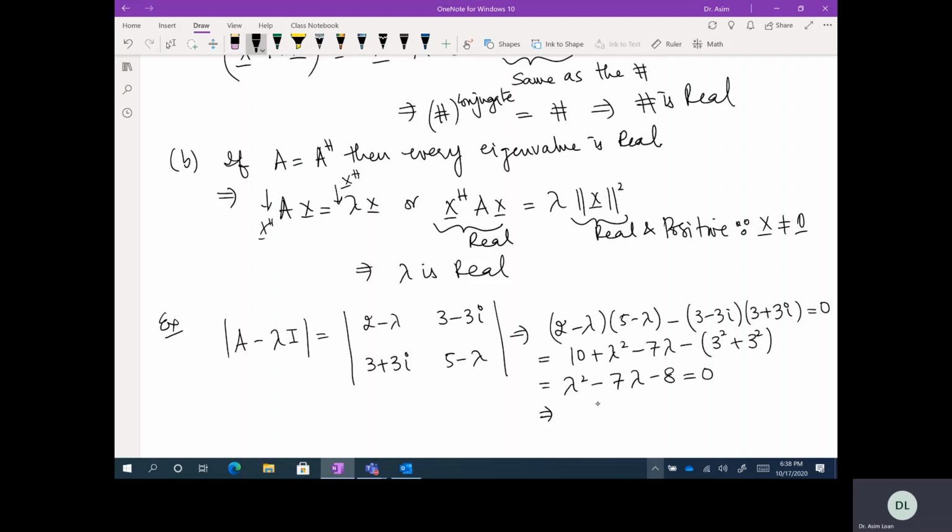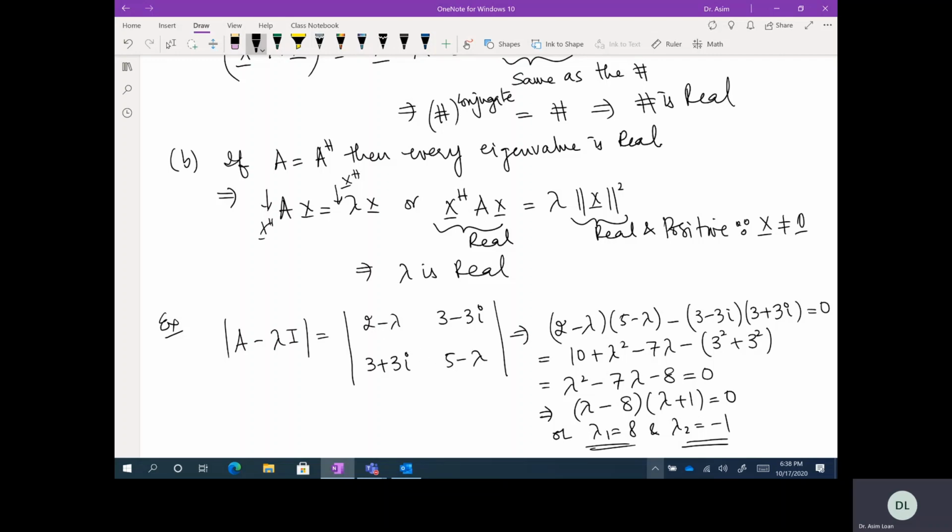So this implies (lambda minus 8) into (lambda plus 1) equals 0, or lambda 1 equals 8 and lambda 2 equals minus 1.